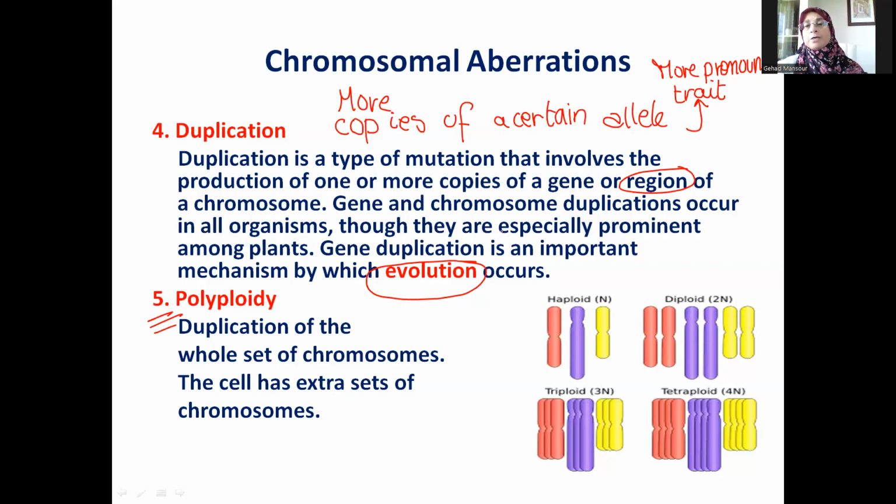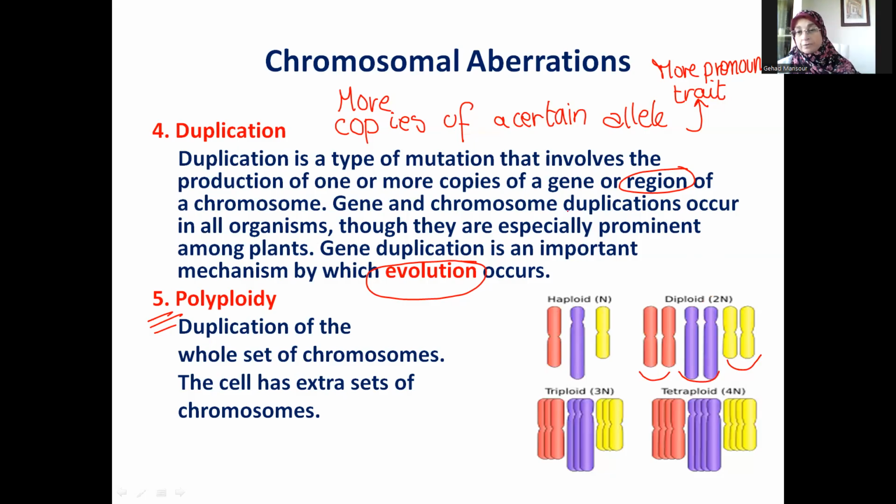For example, if we imagine that the haploid number of the organism is 3, meaning that the organism in its diploid form has 3 pairs of chromosomes, the pink pair, the purple pair, and the yellow pair. Then you might have an extra set.